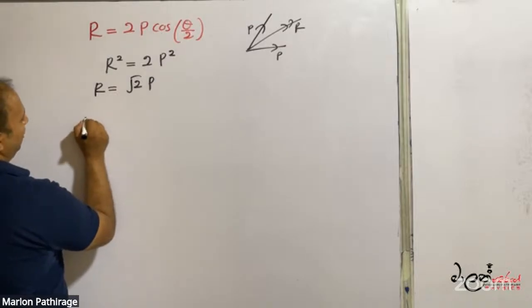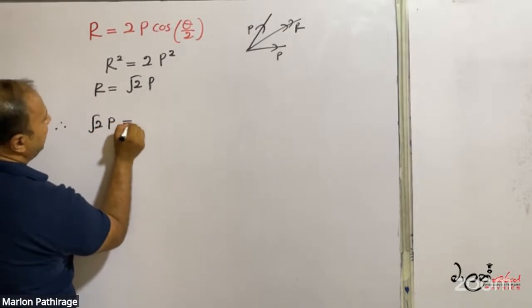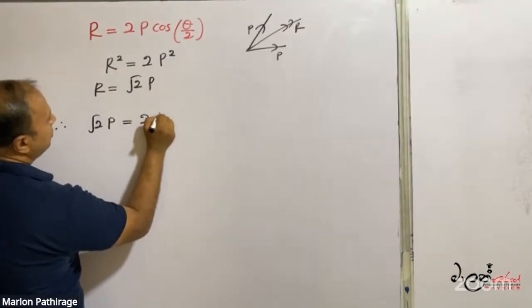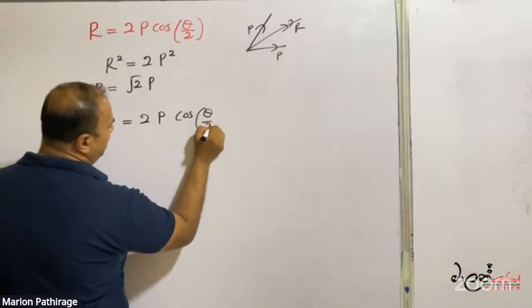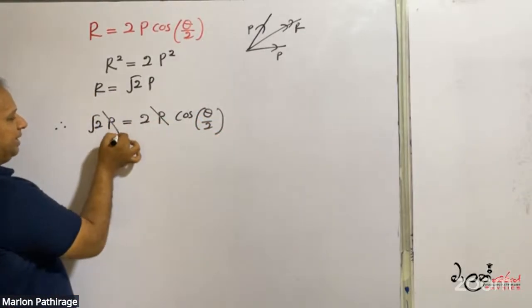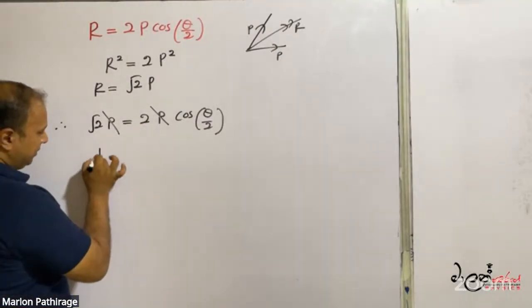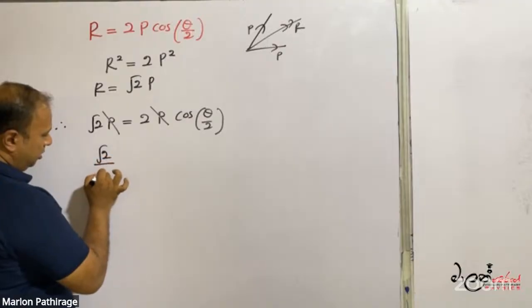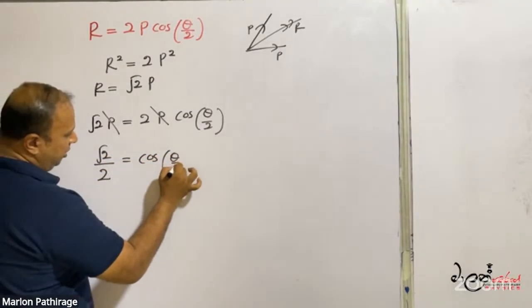Therefore, root 2 P is equal to 2 times P cos theta over 2. So the P and P will be cancelled out. Then root 2 over 2 is equal to cos theta over 2.